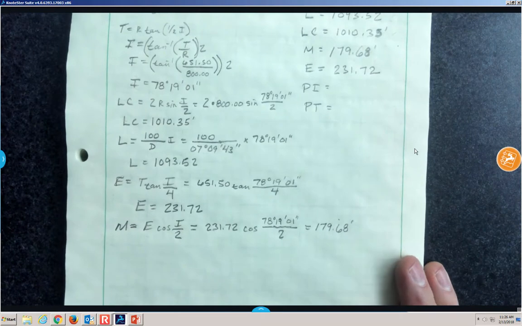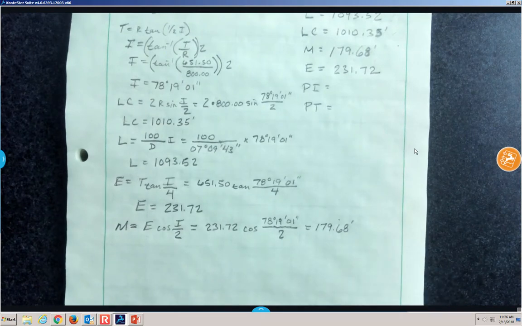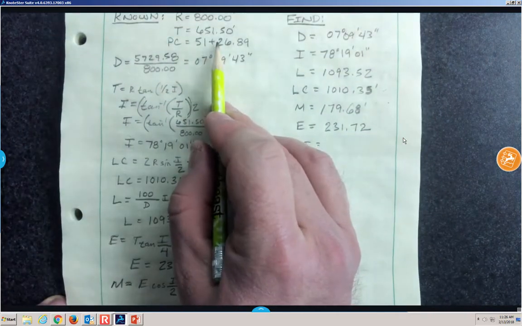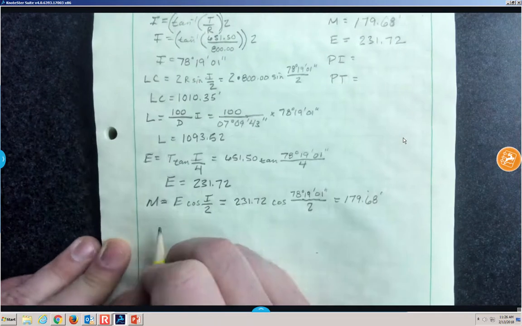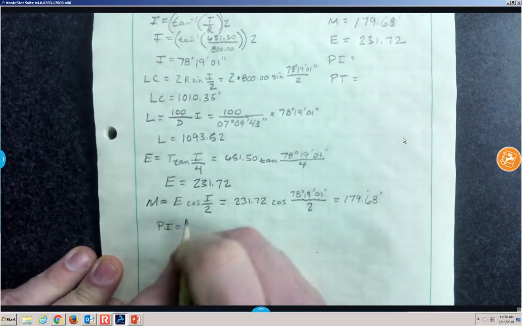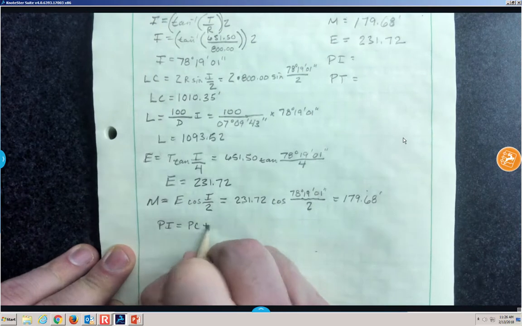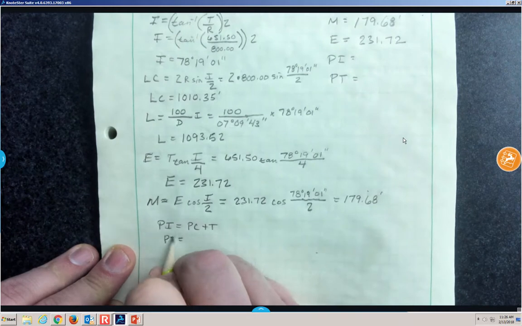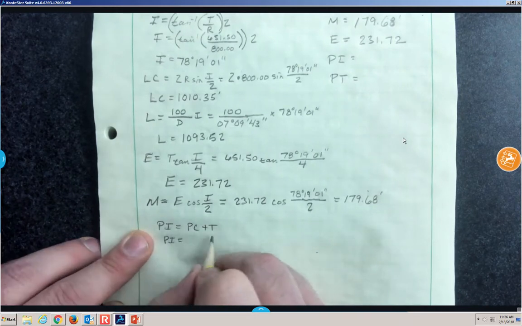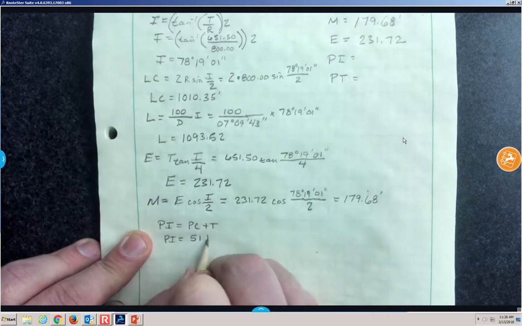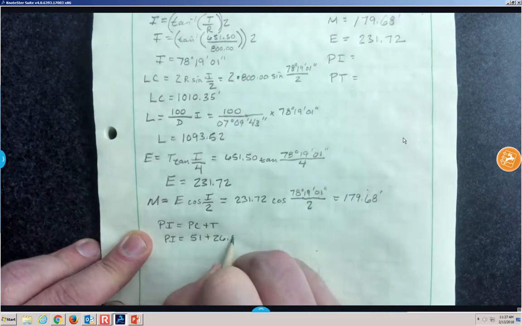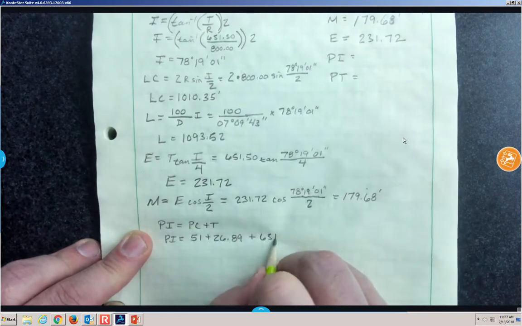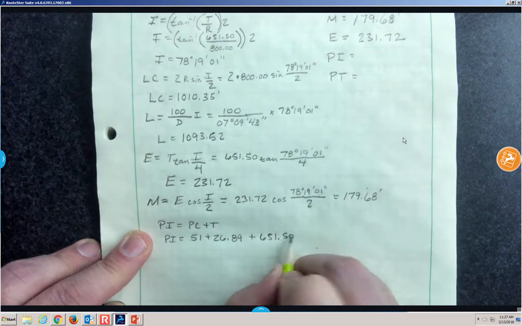All right, so let's figure out our PI first, because we were given the PC. We have to figure out our PI and PT yet. So the PI is equal to the PC plus T. The PC was 51 plus 26.89 plus tangent, which we were given, at 651.50.